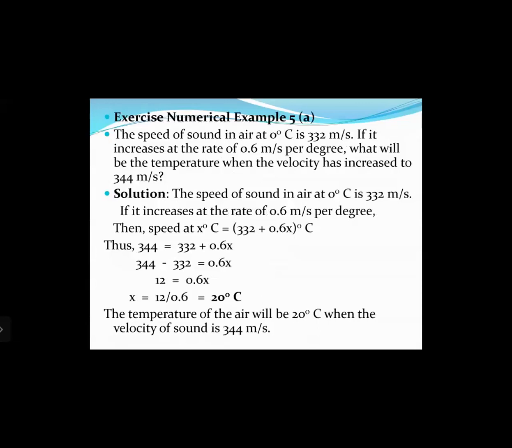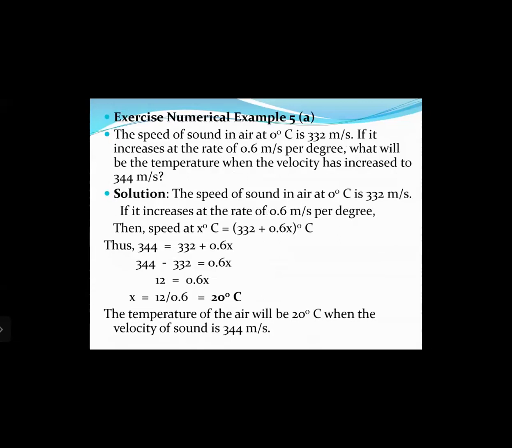Okay. The next question was, the speed of sound in air at 0 degrees Celsius is 332 meters per second. If it increases at the rate of 0.6 meters per second per degree, what will be the temperature when the velocity has increased to 344 meters per second? So we have calculated this way. The speed of sound in air at 0 degrees Celsius is 332 meters per second.